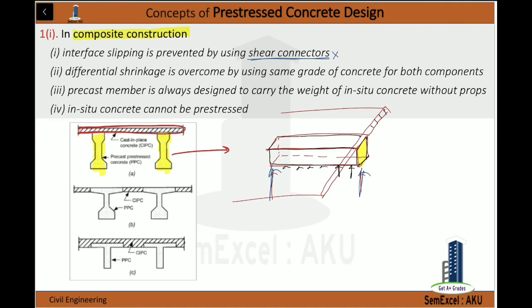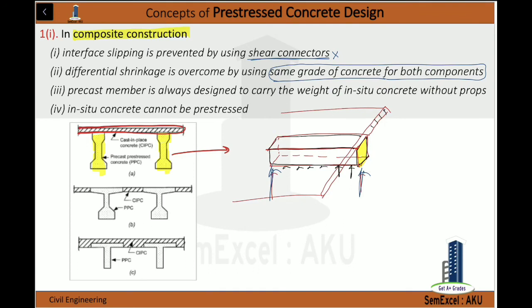Second is the differential shrinkage is overcome by using the same grade of concrete for both components. Now this is an incorrect option. Why? Just now we have seen that for pre-tensioned or post-tensioned there is a minimum grade of concrete. For pre-tensioned we have to use minimum M40, and for post-tensioned minimum M30 concrete as per the code.